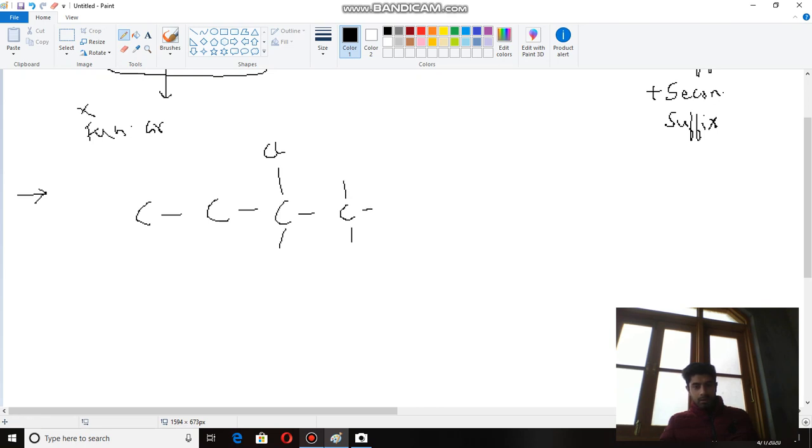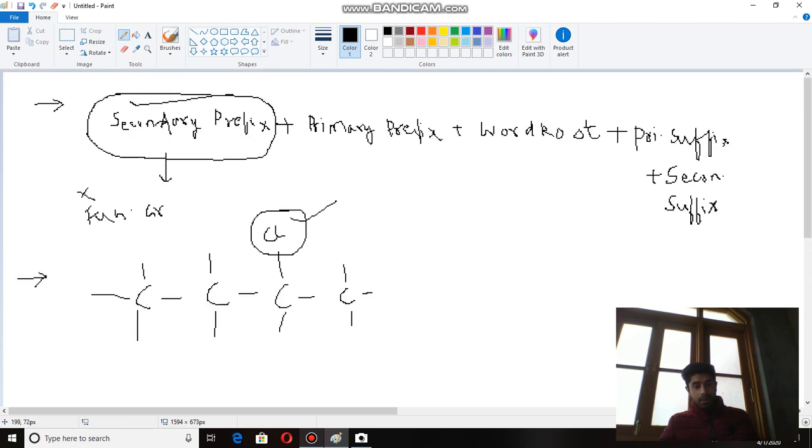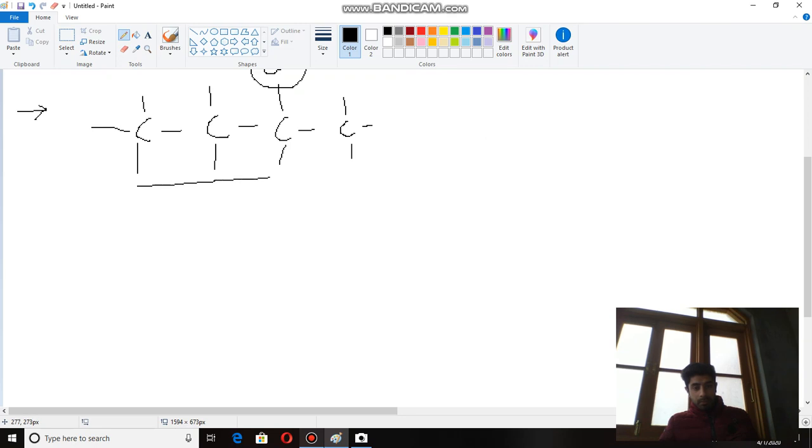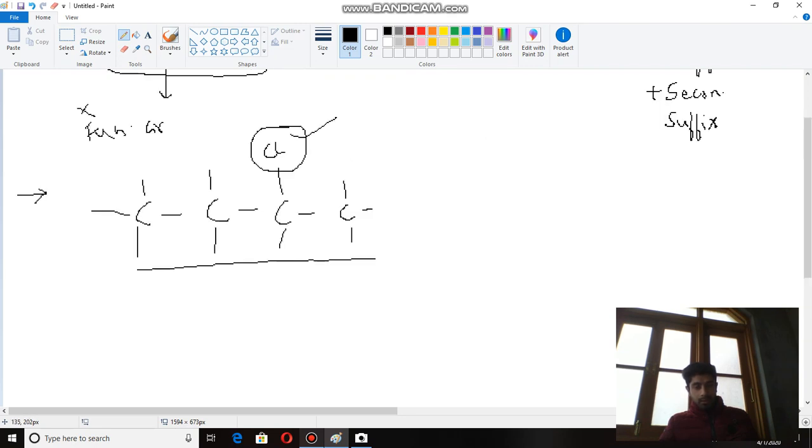These are all hydrogens. Now this group here is not a principal functional group, it comes in secondary prefix. So what will be the name of this compound? First let's do the naming.